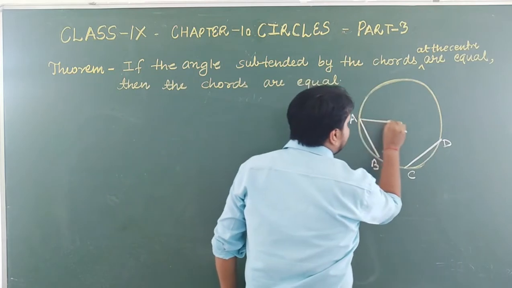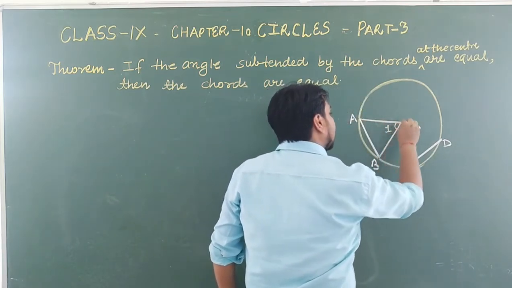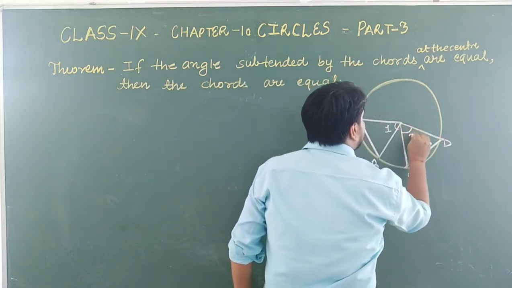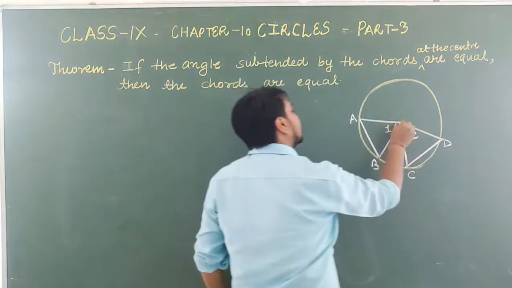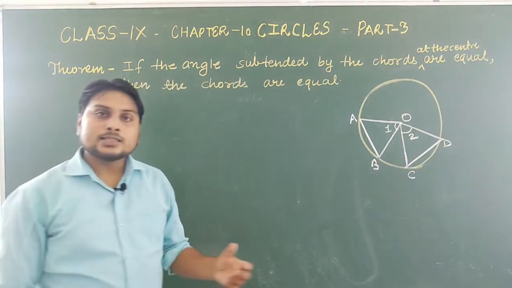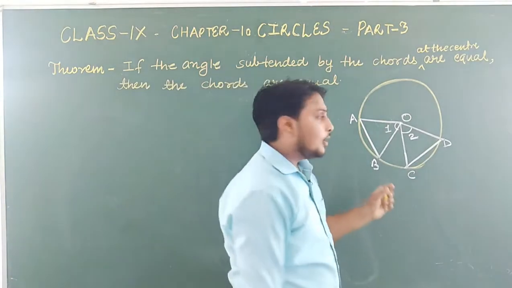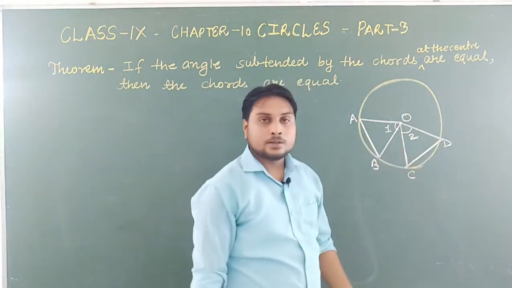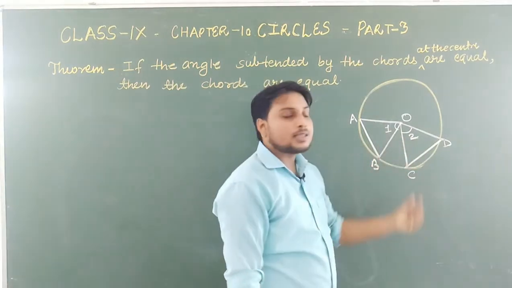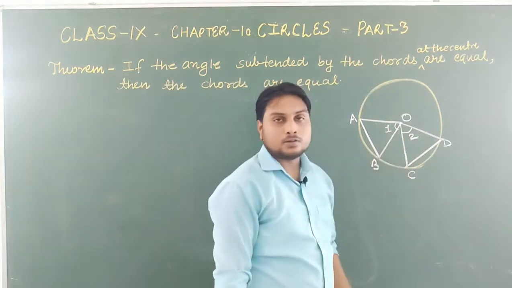The angle subtended by chord AB, suppose it is angle 1, and the angle subtended by chord CD, suppose it is angle 2, and this is the center O. In the last theorem it was given that the chords were equal, but this time it is said that these angles are equal, meaning angle 1 is equal to angle 2.